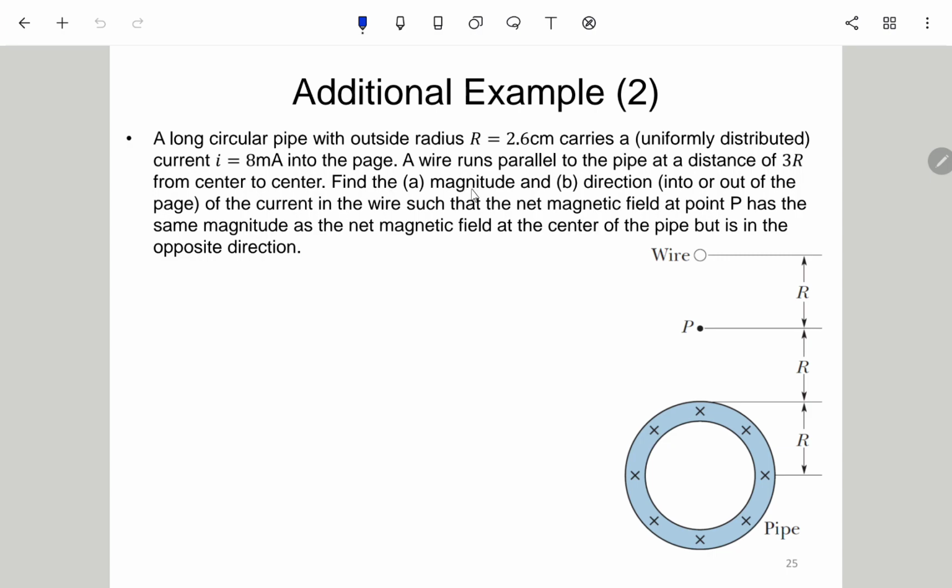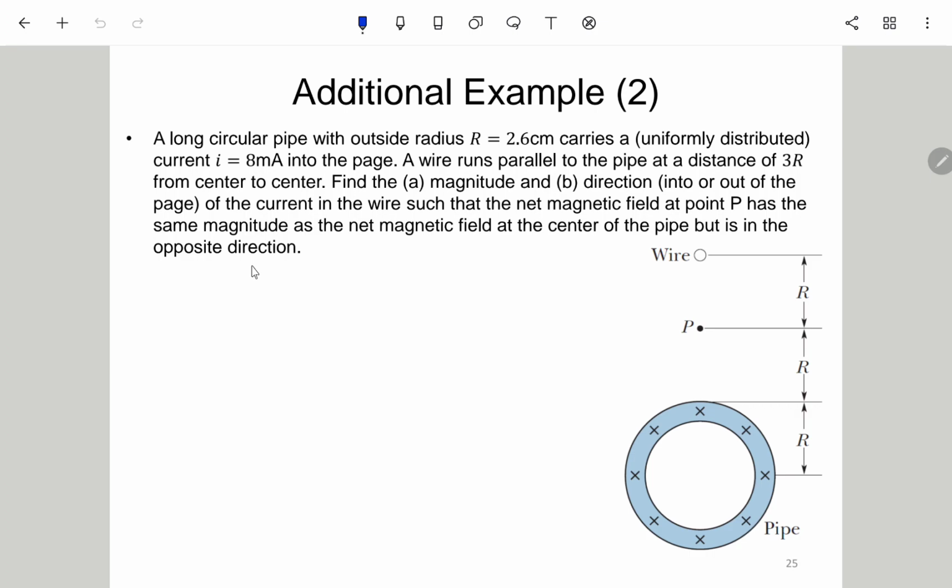Then find the magnitude and direction, into or out of the page, of the current in the wire such that the net B field at point P, which is 2R out from the center of the pipe, has the same magnitude as the net magnetic field at the center of the pipe, but in the opposite direction.